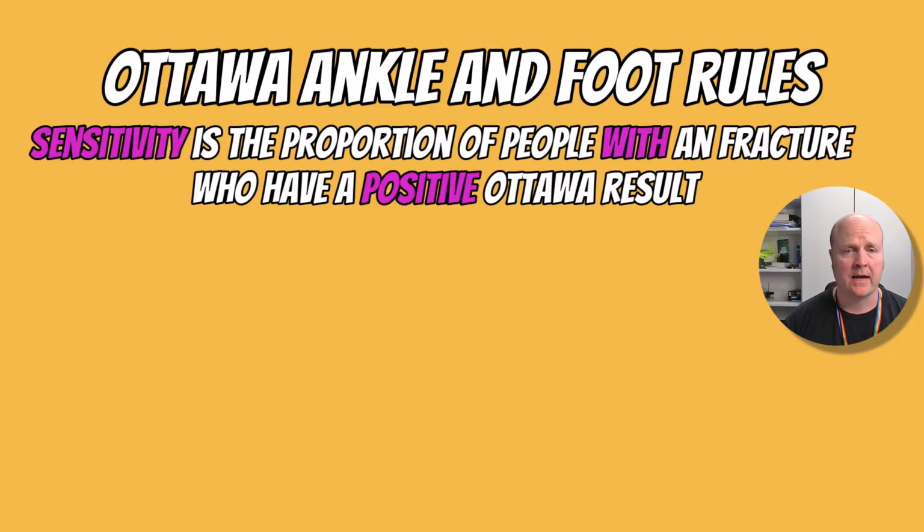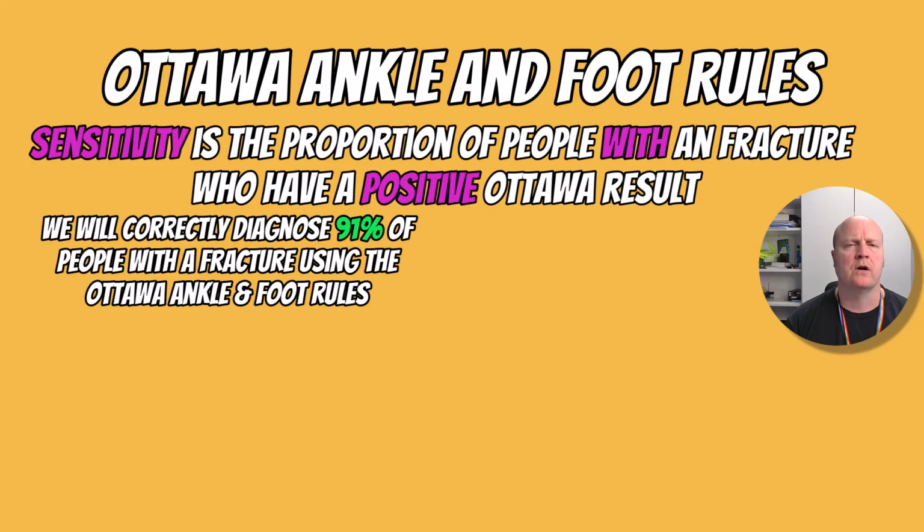Brilliant. So now, if we look at how good the Ottawa ankle rules are at actually picking up fractures. So their sensitivity came out as a pooled 91% in the meta-analysis. So this means out of 100 patients who do have an ankle fracture, then 91 will be correctly testing positive under our Ottawa ankle rules.